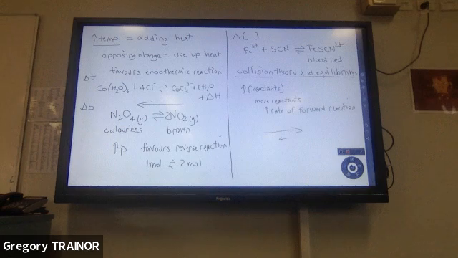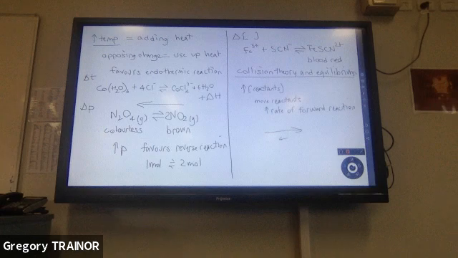It slows down. So when we add the reactant, the forward reaction is initially faster. That makes more product. So then the reverse reaction increases its rate. So what happens is that the initial high rate of the forward reaction, low rate of the reverse reaction, and then as the amount of reactant decreases, this comes down.